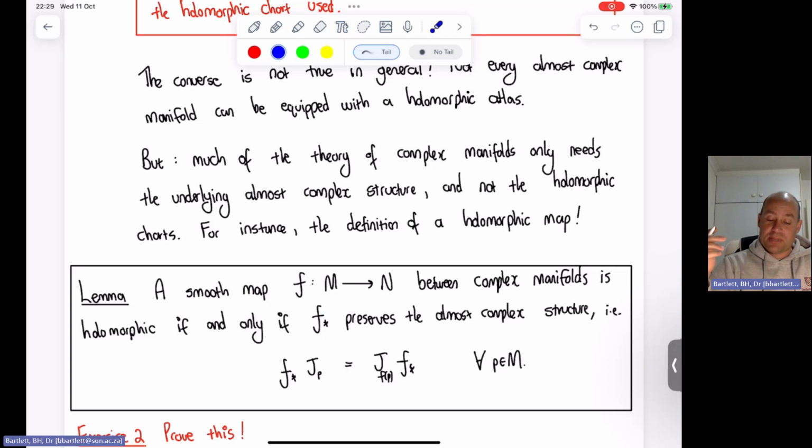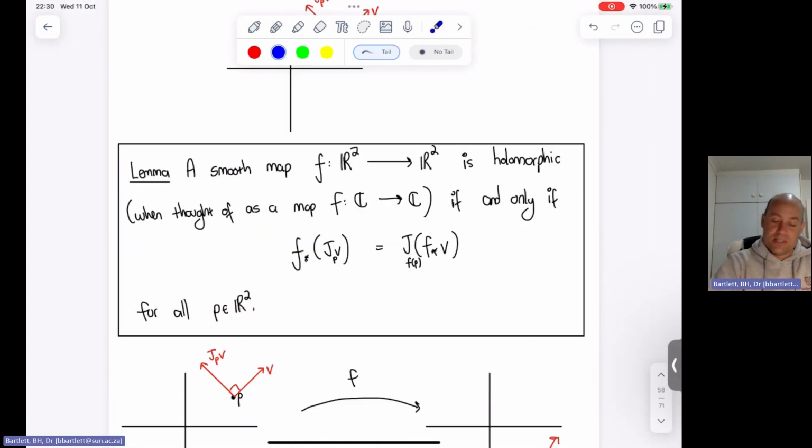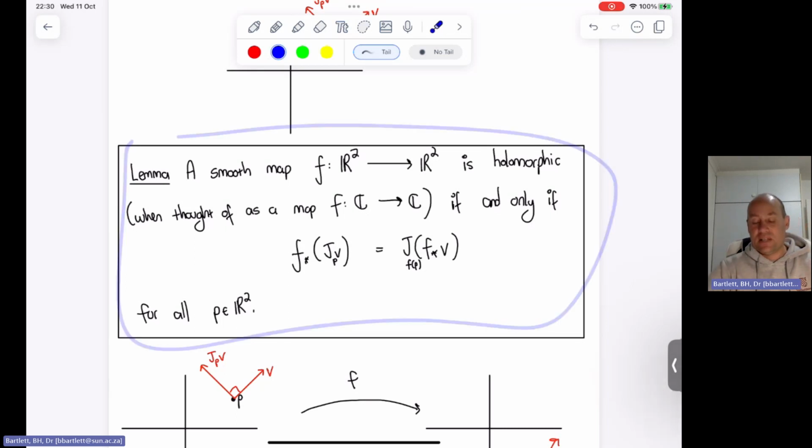Now we're saying that the map f is holomorphic if and only if the derivative of f preserves the almost complex structure. In other words, at the level of the tangent spaces, this equation holds. And this equation only makes reference to the underlying almost complex structure J, not to the charts. So you should prove this lemma as an exercise. Of course, it's going to be very closely related to the lemma that we just did.